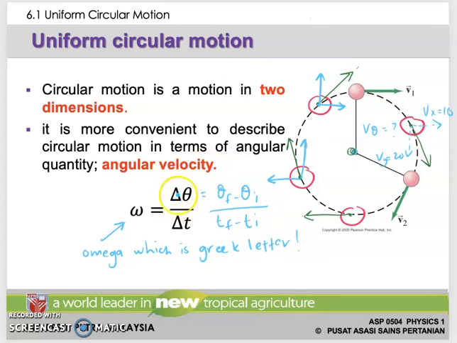We will talk more on this in the next few slides. What you have to take from this slide is that we describe circular motion in angular velocity because it is difficult to describe the x and y components each time it rotates.